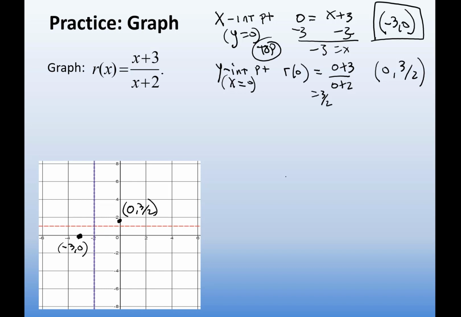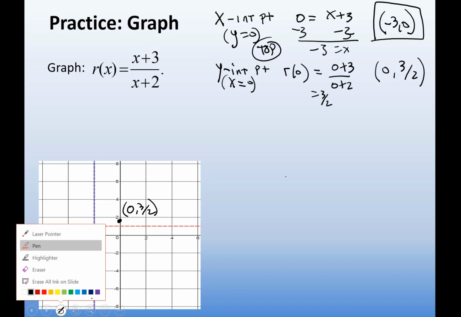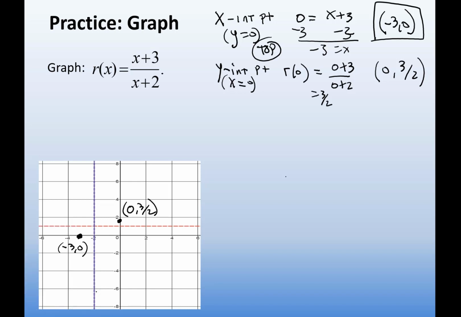Okay, so next, let's do the vertical asymptote. Vertical asymptotes are pretty straightforward, but there's a shortcut to direct our focus. The vertical asymptote, what does that relate to? Well, that relates to the bottom.